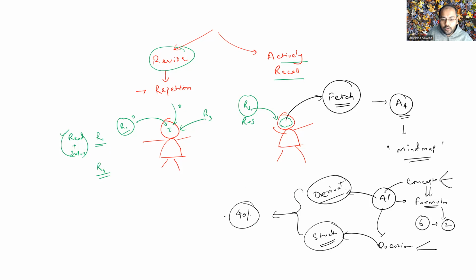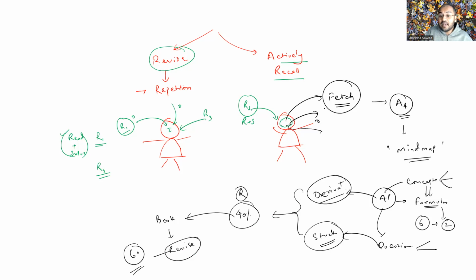Now what you have to do is, now go back to your book and then revise कि आपने क्या क्या concepts 40% तो you remembered and what remaining 60% you don't remember, उसको brush up करो, जाओ revise करो. So the more you fetch from inside to outside, the higher the chances for you to remember the things in future.